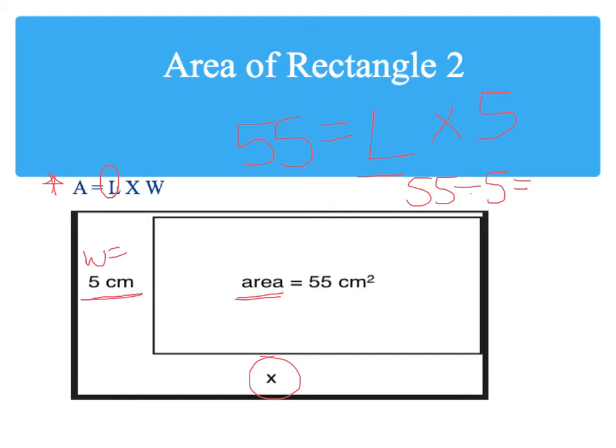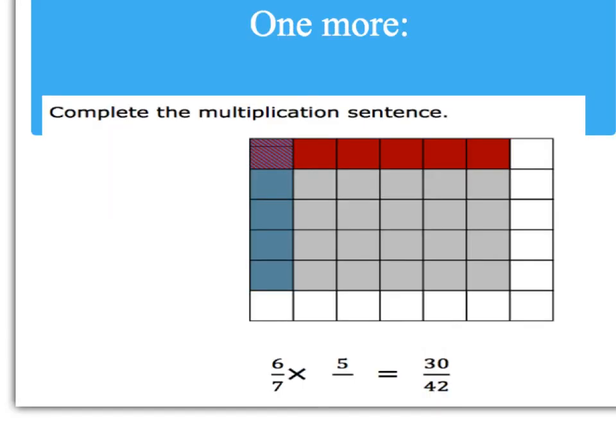Either way, 55 divided by 5, or 5 times something equals 55, is 11. So I know that this missing measurement right here equals 11 centimeters. Did you get that one right? Good for you.